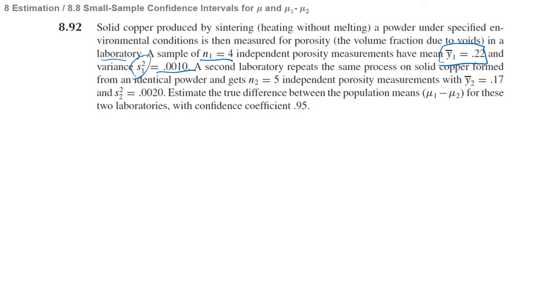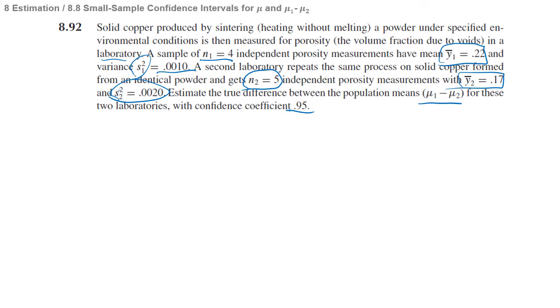A second laboratory repeats the same process on solid copper formed from an identical powder and gets n2 equals 5 and y2 bar equals 0.17 and the variance is 0.0020. Estimate the true difference between the population means with confidence coefficient 0.95.